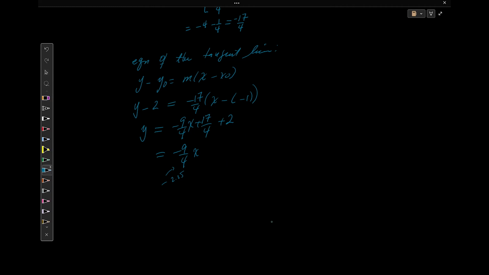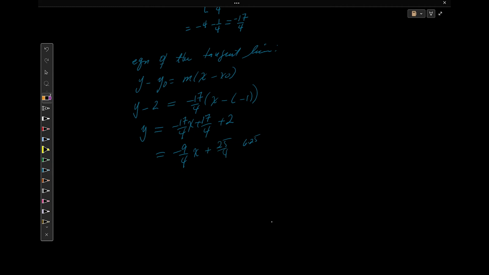So that's 8. No, sorry, negative 17 over 4 minus 1 plus 1. So 17 over 4. Bring the 2 over. So that will be plus 8 and 17, 25 over 4, which is 6.25.